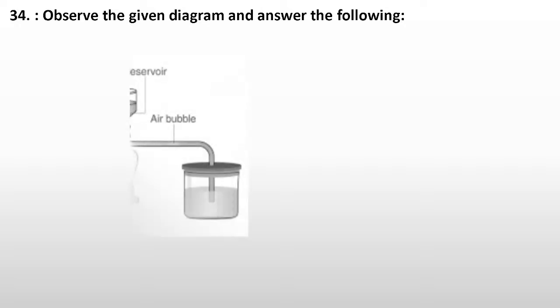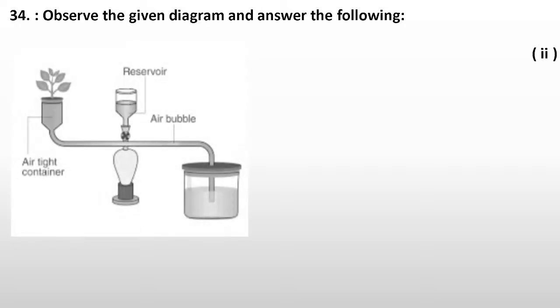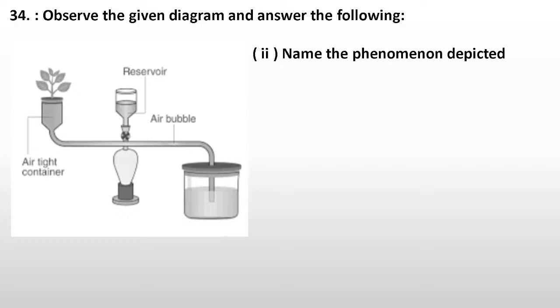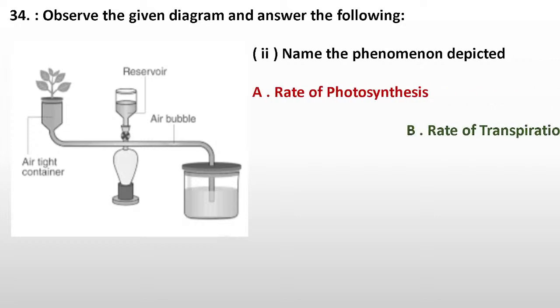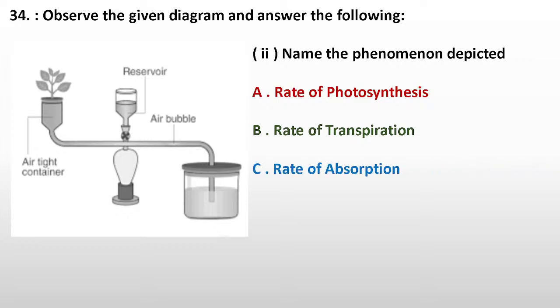Okay, observe the given diagram and answer the following. The question is, name the phenomenon that is depicted in this particular image. A, is it the rate of photosynthesis? B, is it the rate of transpiration? C, is it the rate of absorption? D, is it plasmolysis?